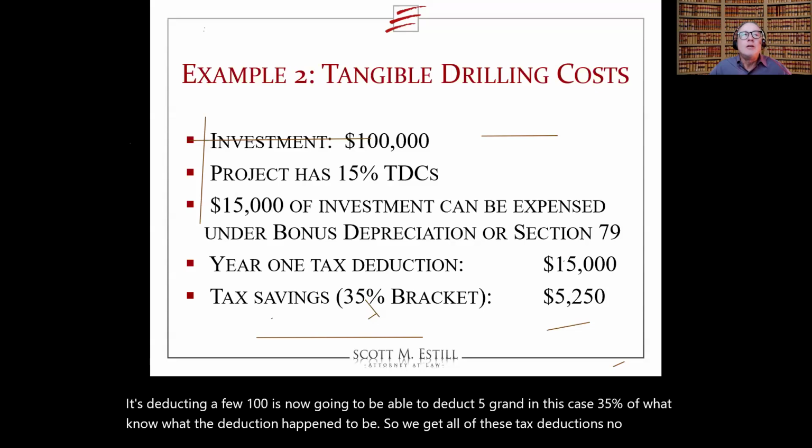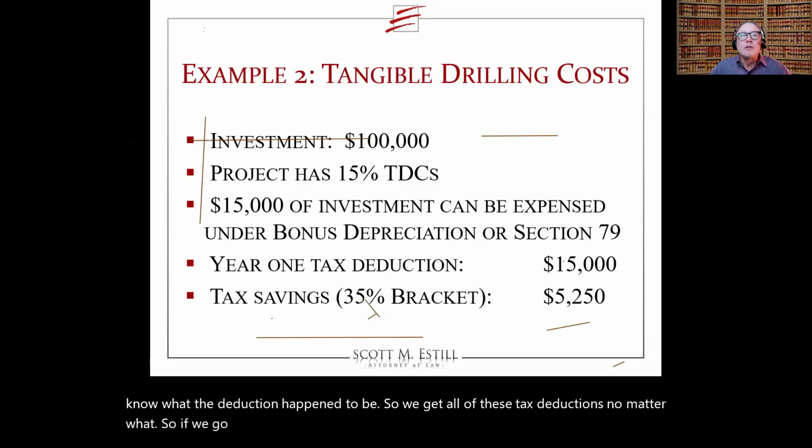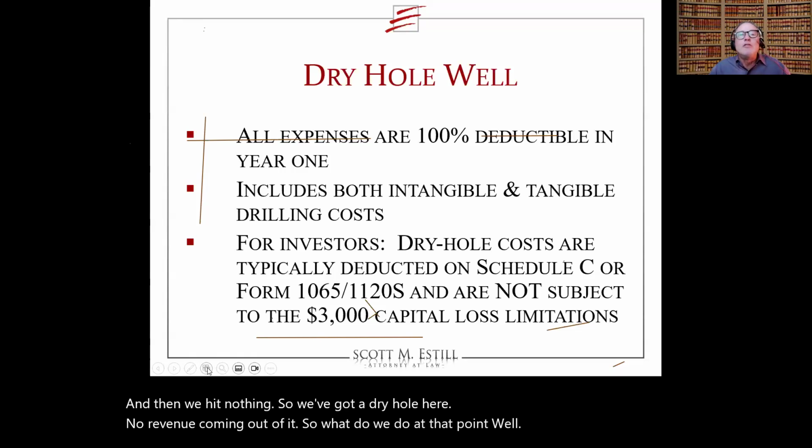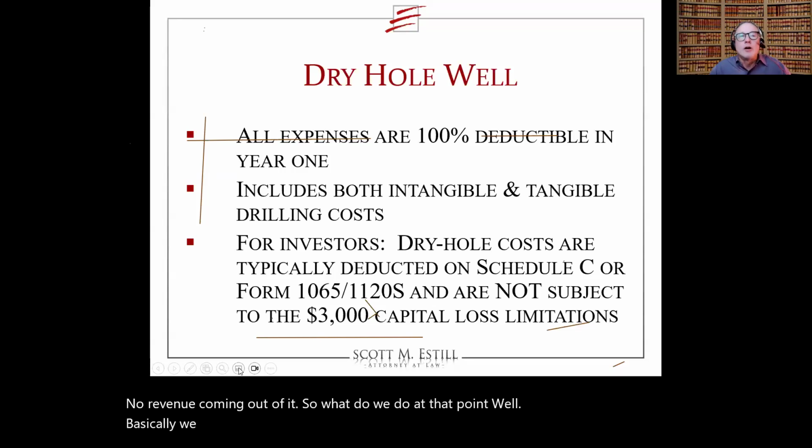So if we go in and, let's say we put this $100,000 investment in and we start doing some drilling. So we have these tangible drilling costs, and then we hit nothing. So we've got a dry hole here, no revenue coming out of it. So what do we do at that point? Well, basically, we still get to deduct all of our costs.